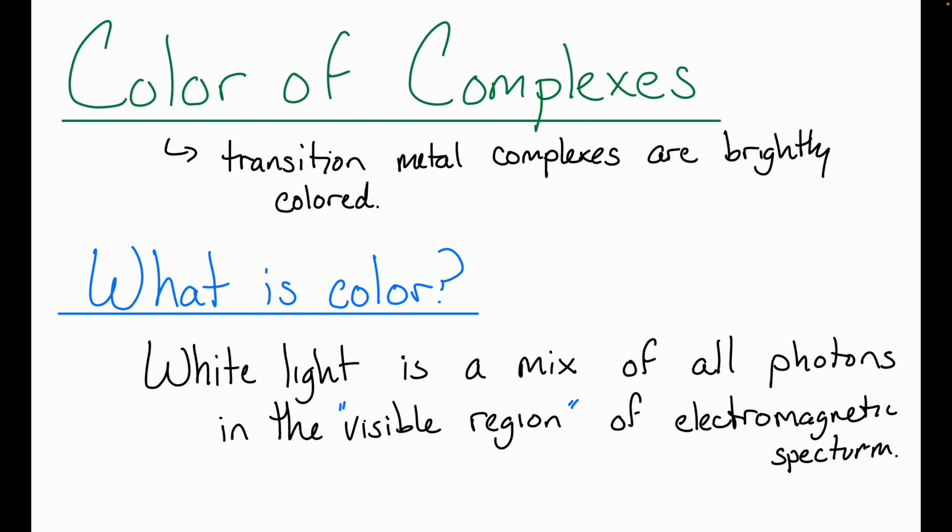Basically just the spectrum of all possible photons that could exist. There's a certain region we call the visible region. These are the ones that our eyeballs can detect.